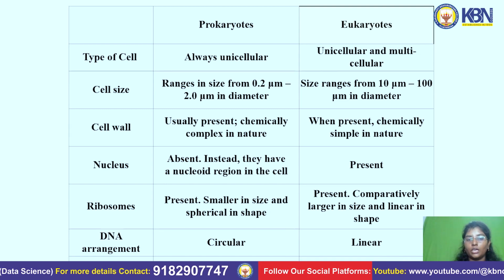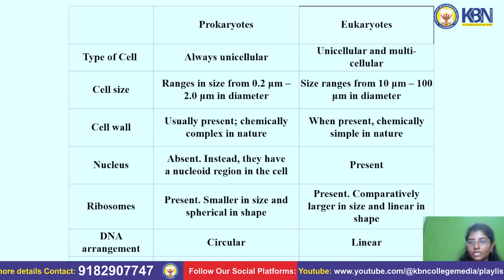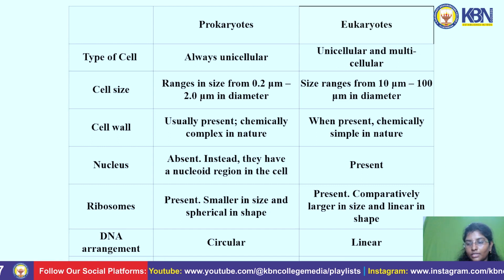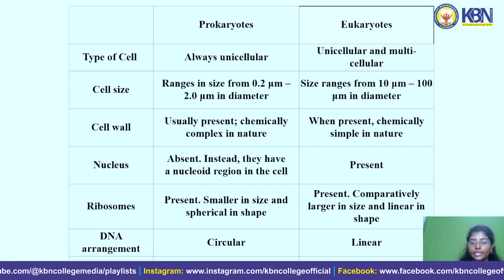In prokaryotes the nucleus is absent; in eukaryotes it is present. Ribosomes are present and smaller in prokaryotes, and in eukaryotes they are present and larger. The DNA arrangement in prokaryotes is circular, and in eukaryotes it is linear.